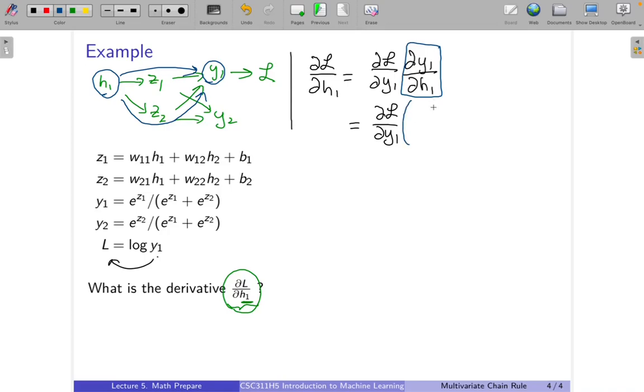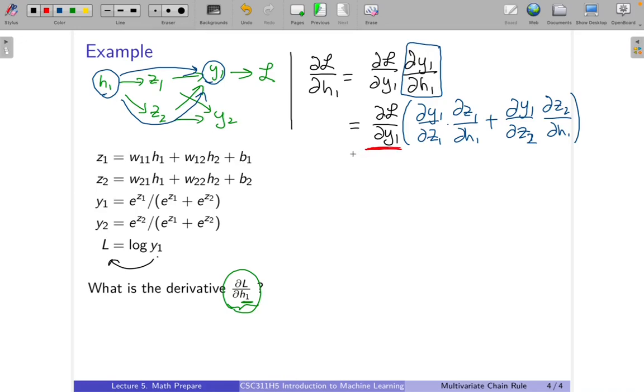So we're going to need to add together the derivative of y1 with respect to z1 times the derivative of z1 with respect to h1, and the other component, the dependency of y1 on h1 through the z2 term: the derivative of y1 with respect to z2 times the derivative of z2 with respect to h1. That's really all we need. Now what's left to do is to compute these derivatives. So let's take a look.